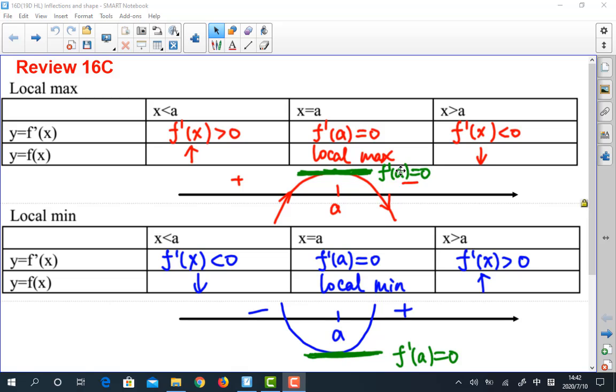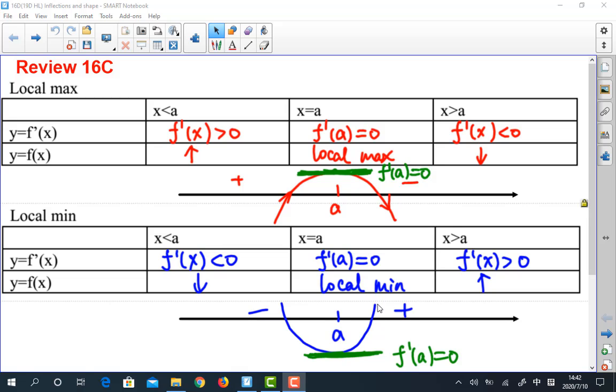At this point, the first derivative at x equals a must be 0, so you should have a horizontal tangent line at x equals a. Local minimum: the shape of the curve near x equals a should be decreasing on the left side, so the first derivative should be less than 0.